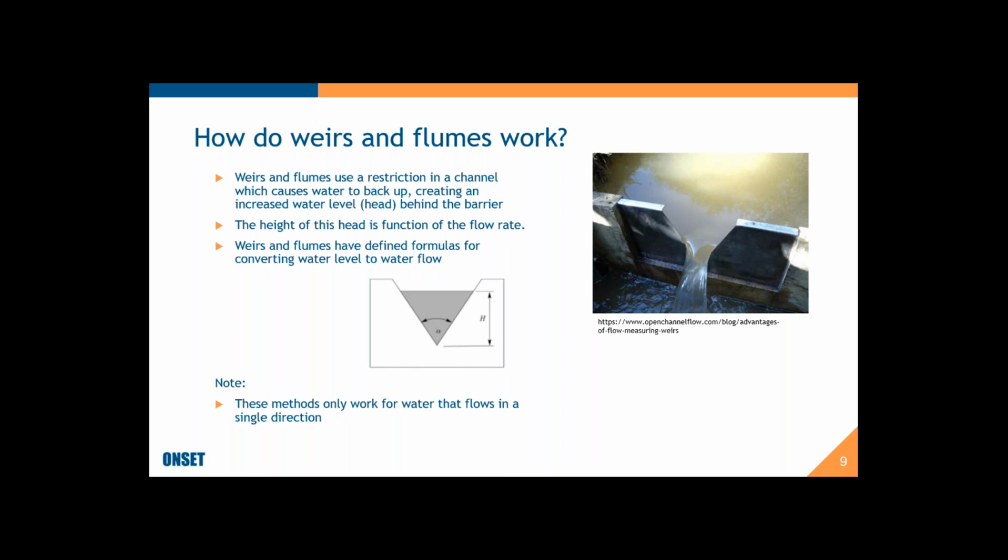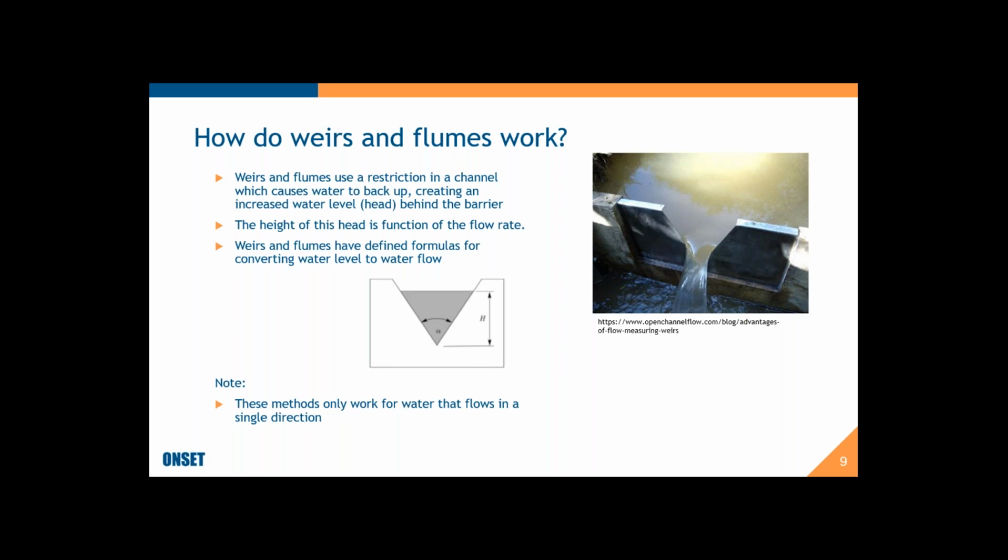And the height of that head is a function of the flow rate. There are defined formulas for weirs and flumes that can convert that water level increase into water flow. So it gives you a pretty accurate way of determining what the flow is based on the water level.